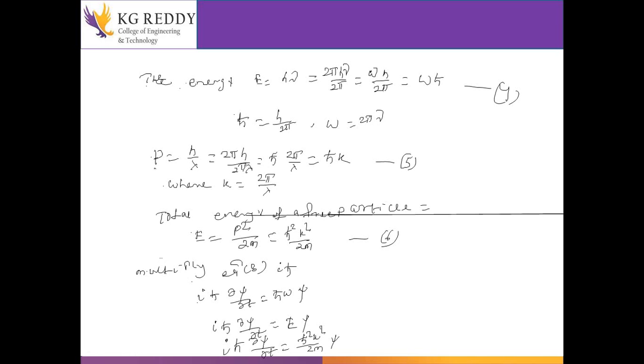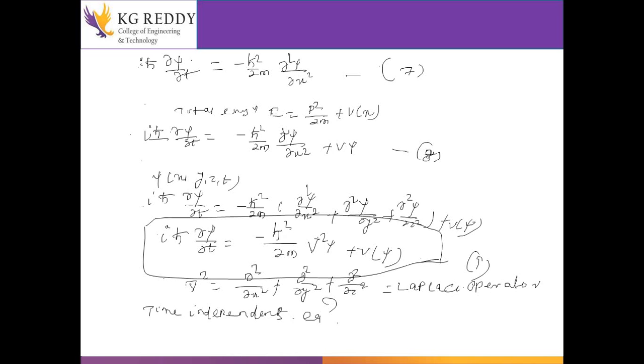Then I will replace that one into Eψ. iħ ∂ψ/∂t = Eψ. I will put this equation here: Eψ = −ħ²/2m ∇²ψ + Vψ.